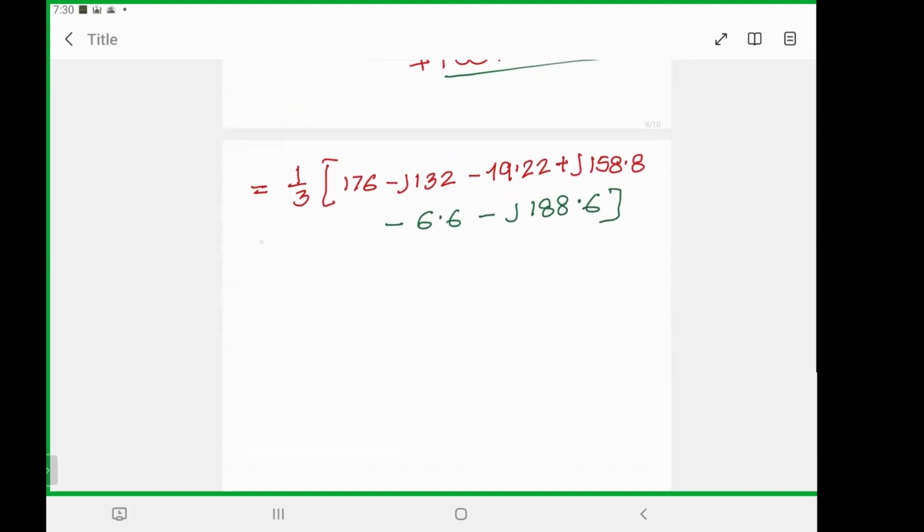Okay, so now you add all the real terms and the imaginary terms. Is it 1/3 bracket 150.18 minus J161.8?